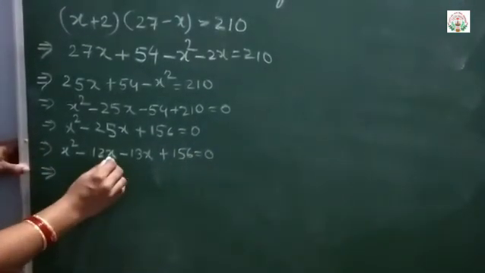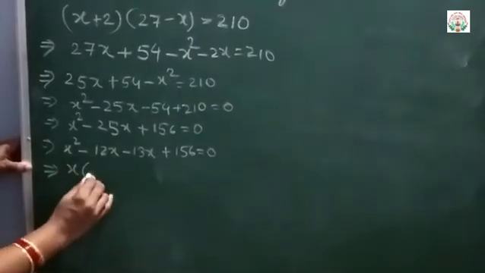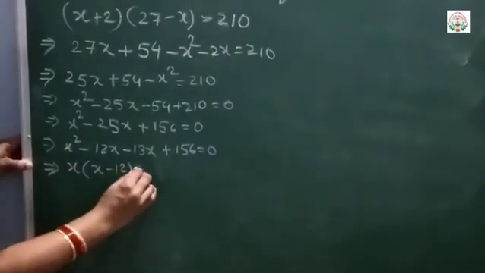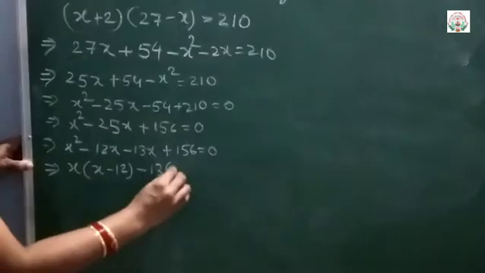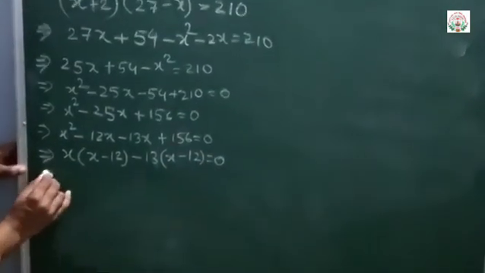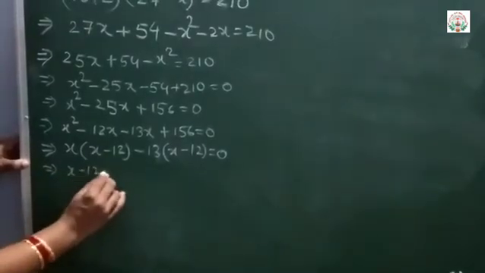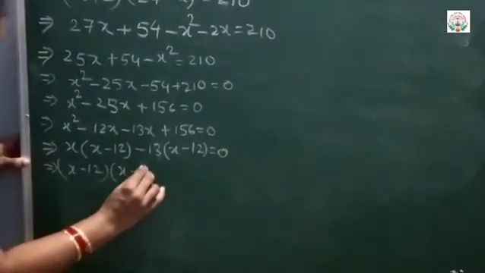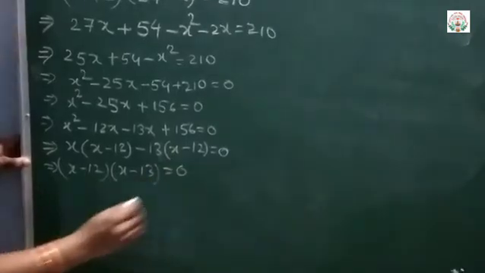Now in these two terms, what is common? x. So x minus 12. Then here 13 is common. So x minus 12, x minus 13 equals 0.